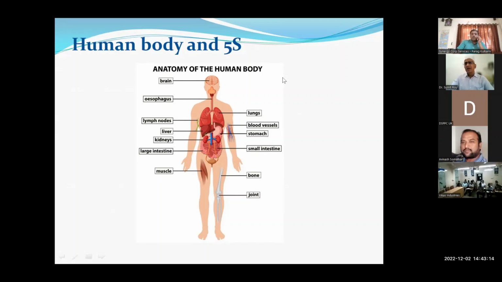So in 1S, where we talk about segregation, what is unnecessary, what is necessary, we initially adopt a red tag campaign by which we separate out the necessary and unnecessary items. Now, how do these red items come? They should not come. If you are doing your housekeeping properly and your systems are proper, these red items should not really be coming.